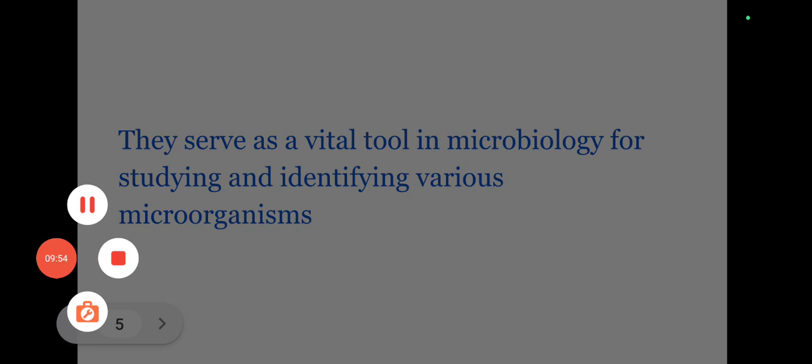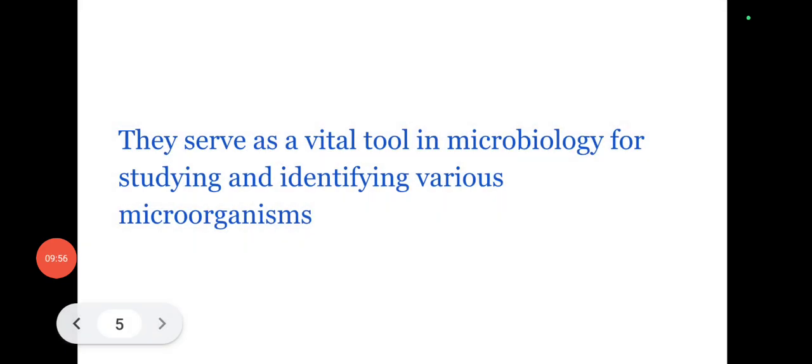Media can also be used for biochemical tests, where you can use different types of carbon sources or other components. Some indicator dyes can be added and you can find out the metabolic property of that culture. This helps in identification of the culture.